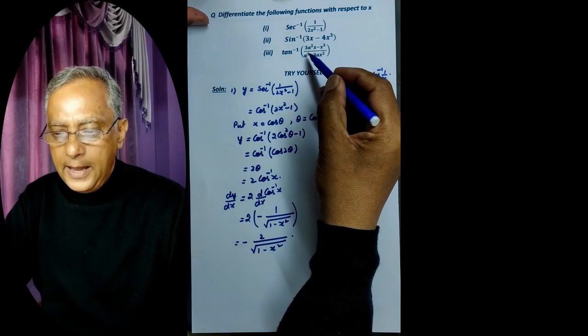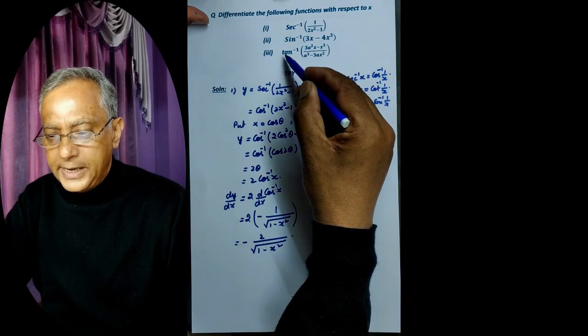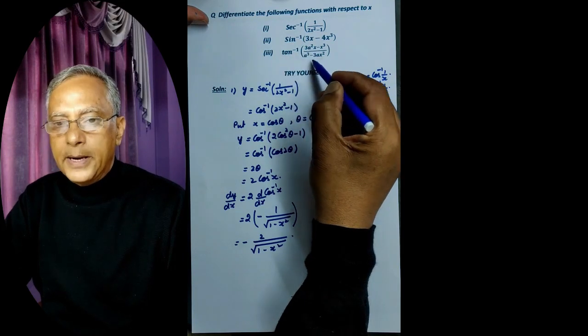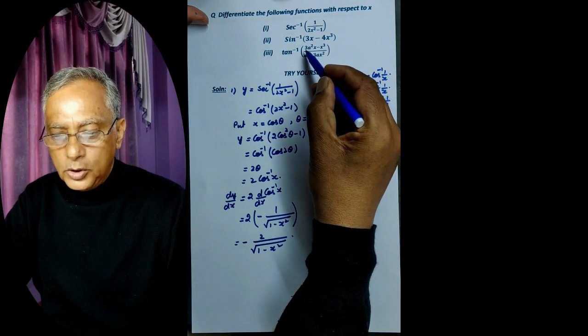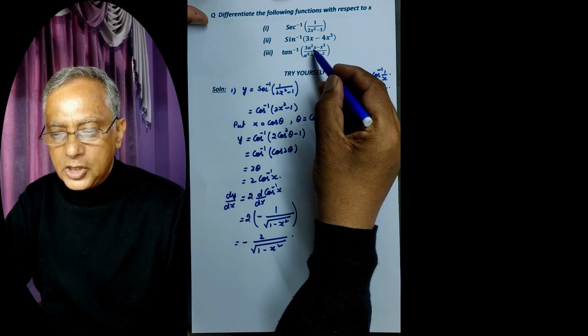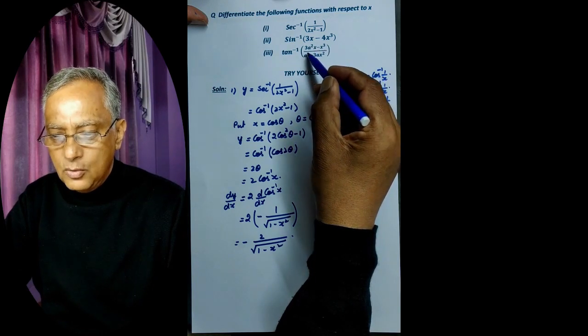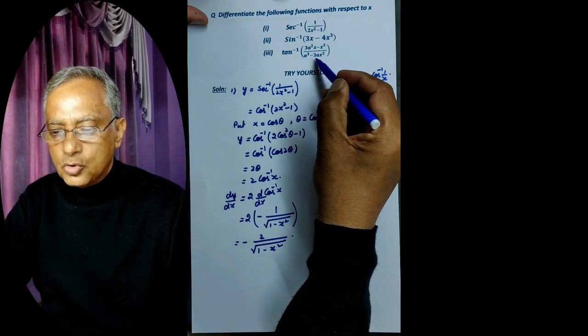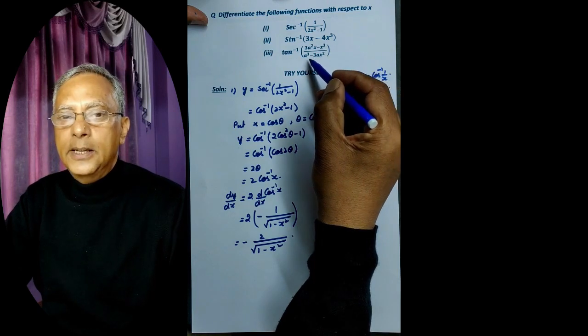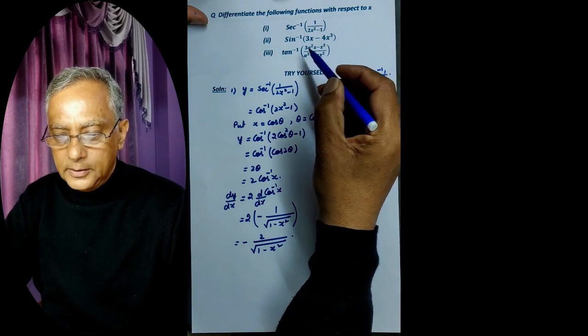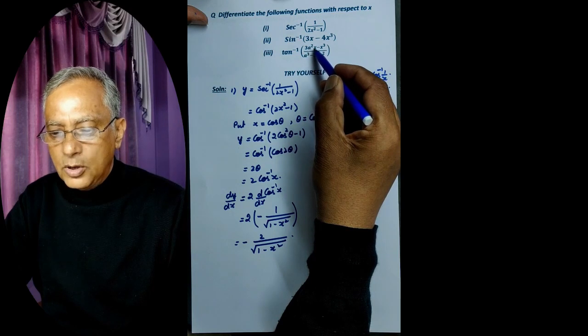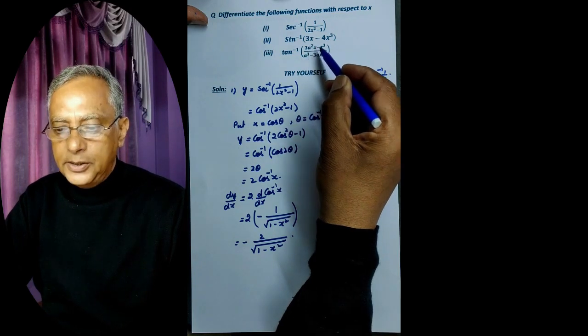And in this we have a formula for tangent with this pattern. We know 3 tangent theta minus tangent cube theta over 1 minus 3 tangent square theta is tangent 3 theta. So we will put x equal to a tangent theta.